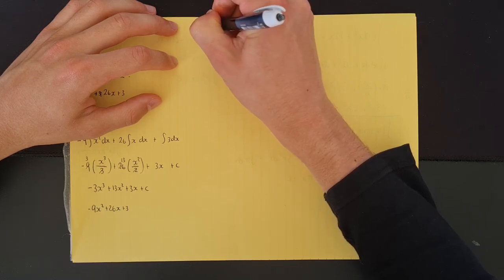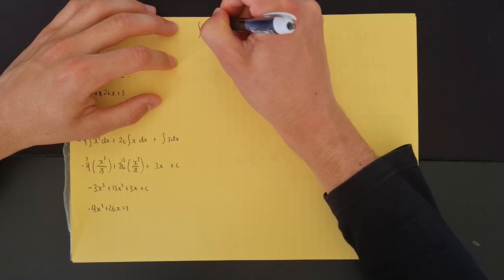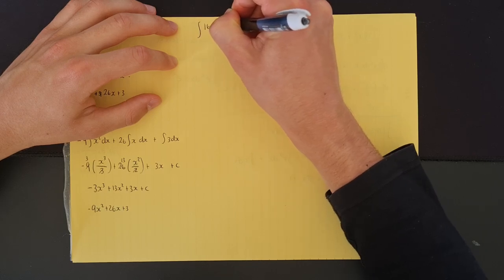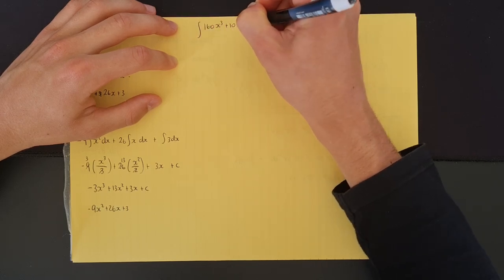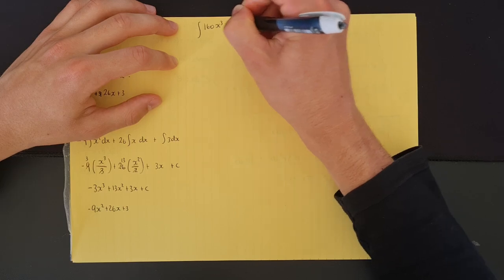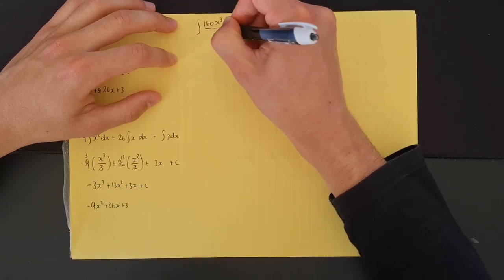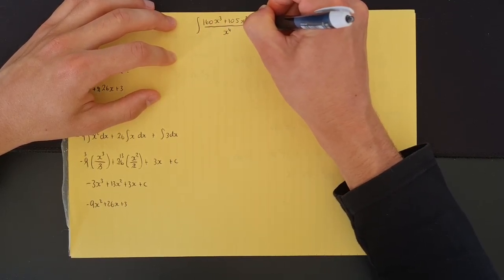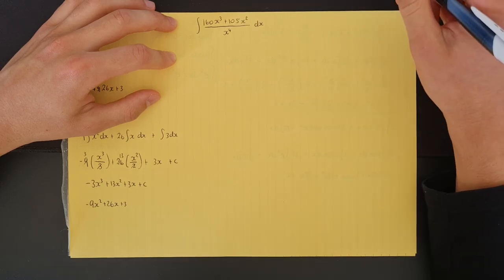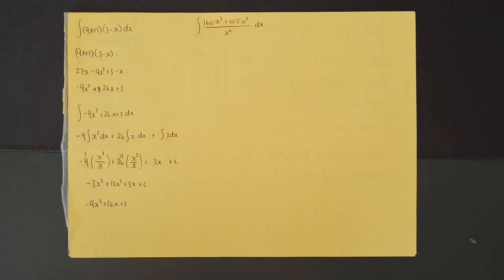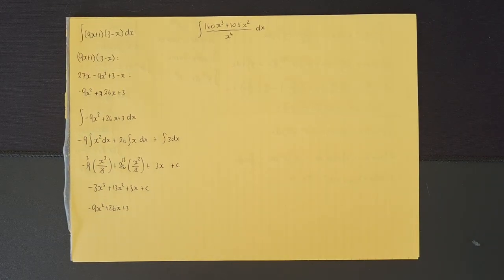So it's the integral of 160x cubed plus 105x squared over x to the 4 dx. Okay, this is a little bit more of a tricky one.